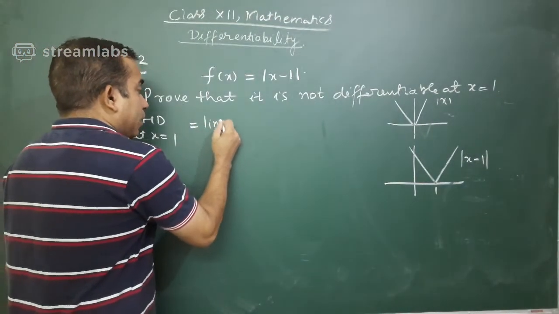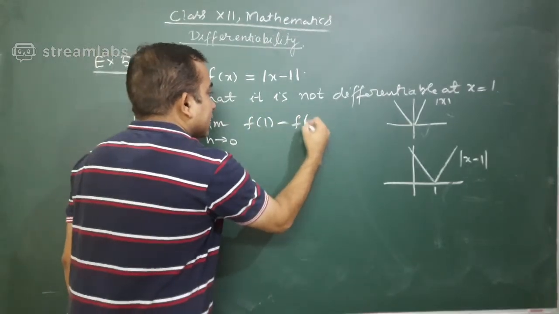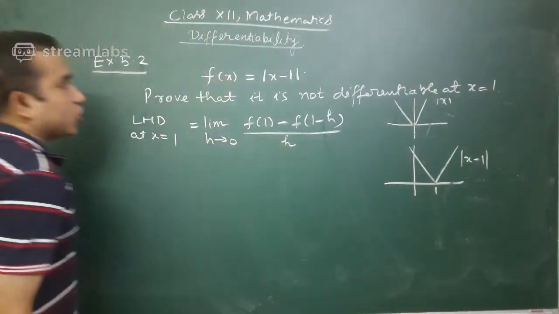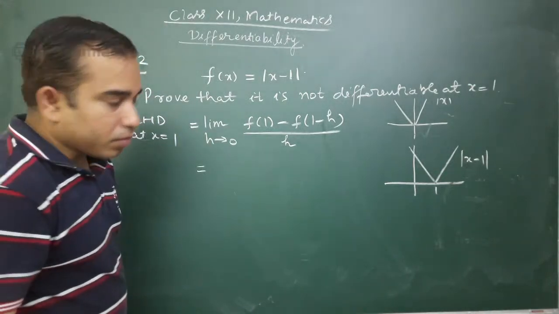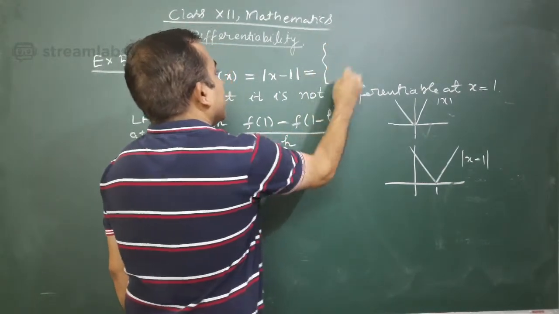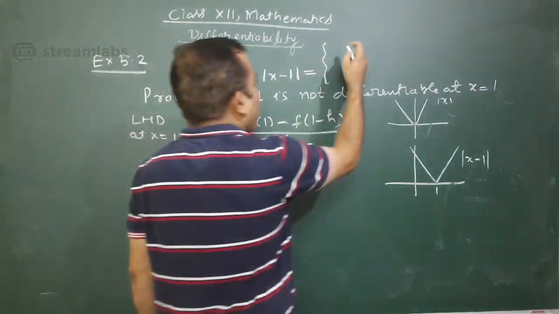As per the formula, it will be limit h tends to 0 of f(1) minus f(1 minus h) divided by h. And if you see this modulus of x minus 1, actually it is a combination of two functions. Modulus is a dual function.